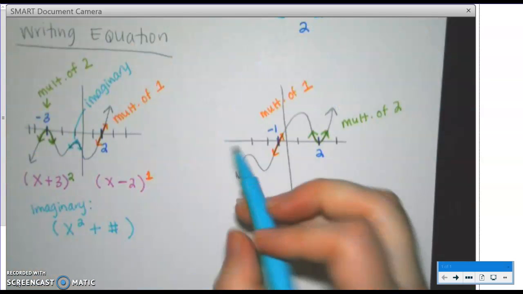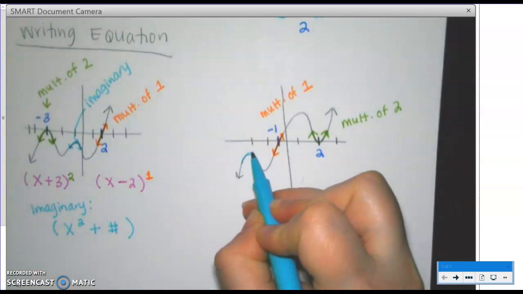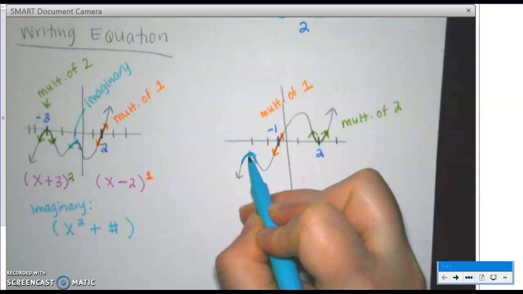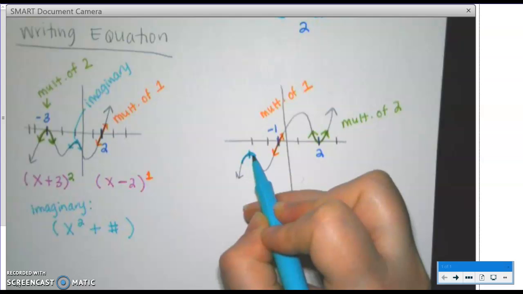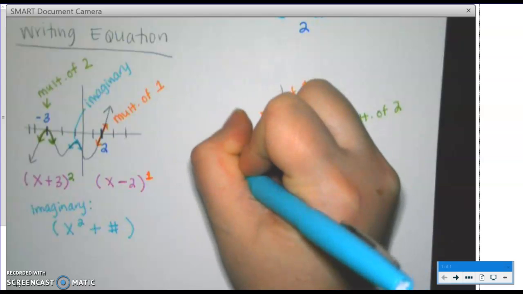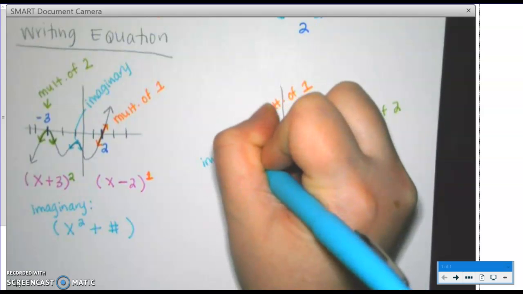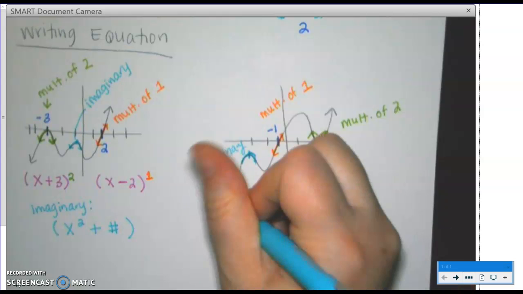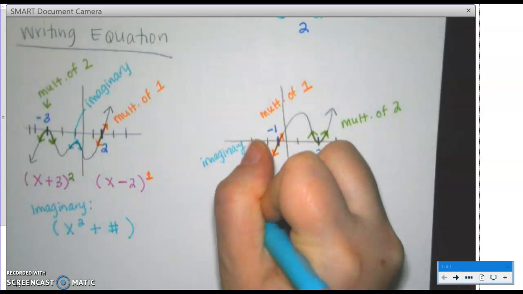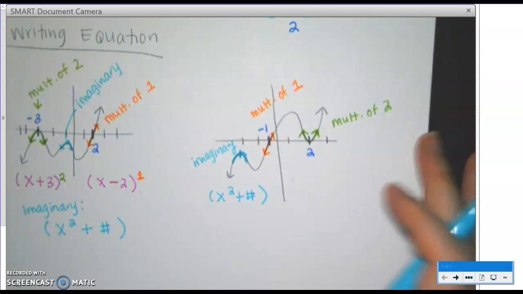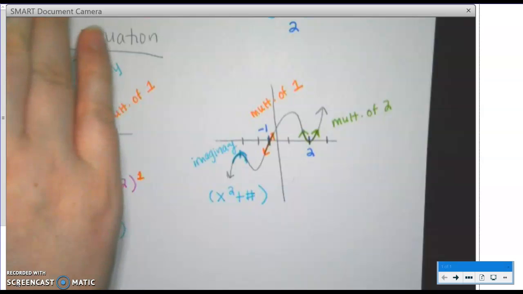And if you look, here's a parabola that was going towards the x-axis and it didn't make it. It never made it to the x-axis. So that part of the graph tells me that I'm going to have something imaginary. So my imaginary root, I would be looking for an answer choice that had x squared plus a number.